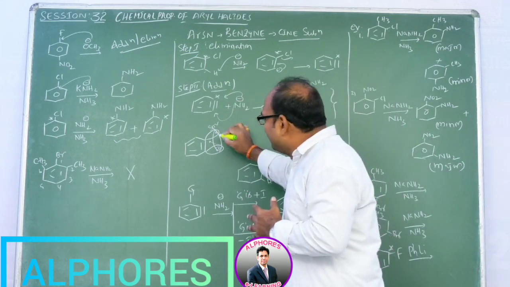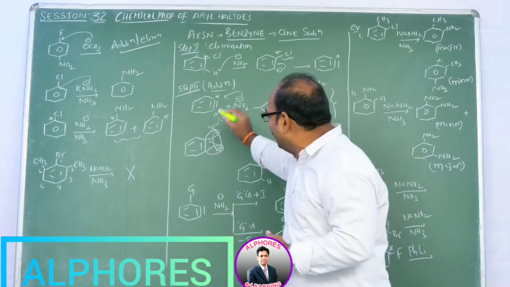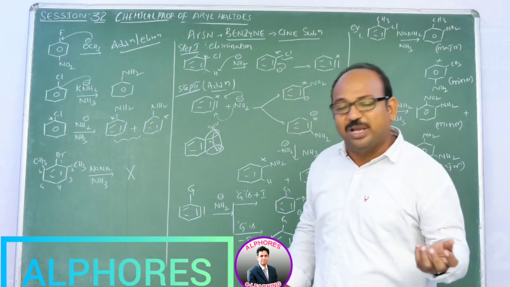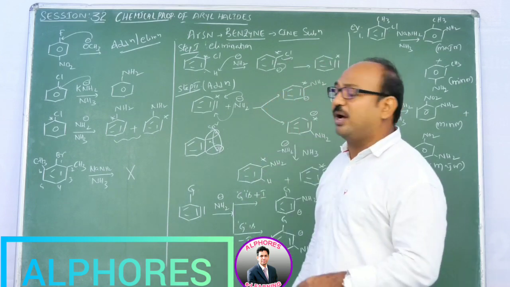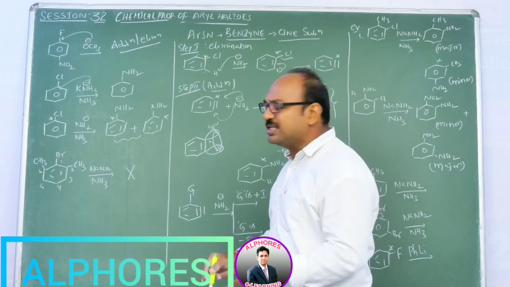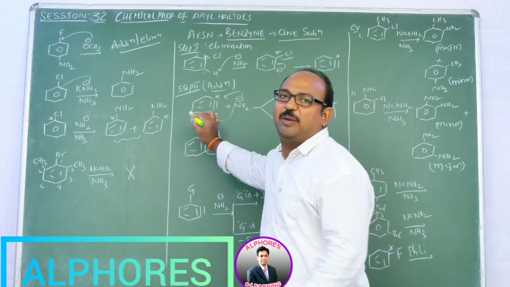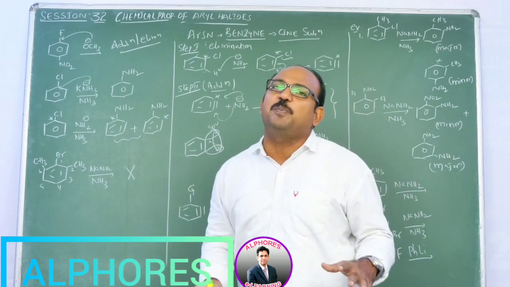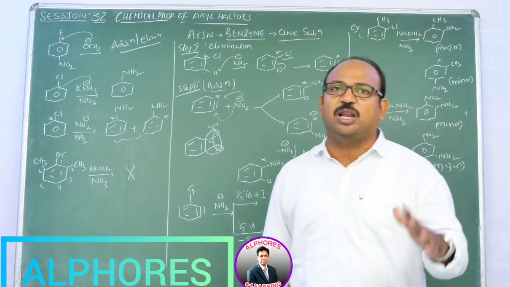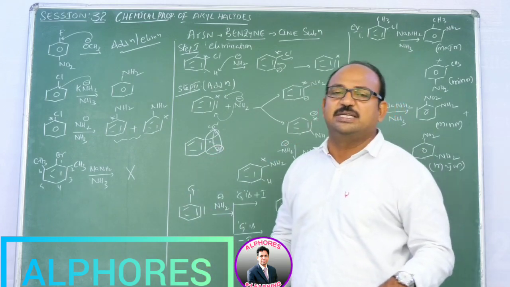Now, because of the overlap of these sp2 orbitals, the newly formed pi bond is not going to take part in delocalization. That means in this ring, delocalization involves only these 3 pi bonds, only 6 pi electrons. That means the ring retains its aromaticity.